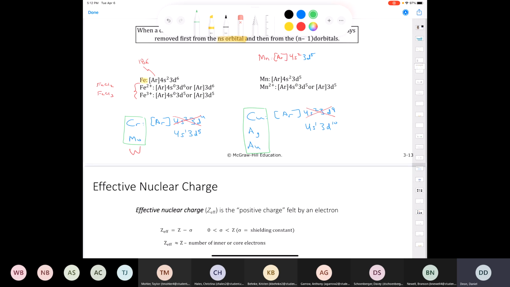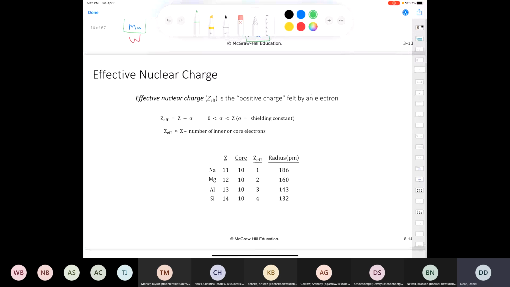Anyhow, let's move on and let's talk about the concept of effective nuclear charge. I was teaching a general chemistry class a couple of years ago, and I was teaching from a different textbook, and there was a very bold statement in that textbook. And the statement was this, okay? The statement was all periodic trends, and we're going to look at several of them, whether they're ionization energy, electron affinity, also atomic radius, what else?